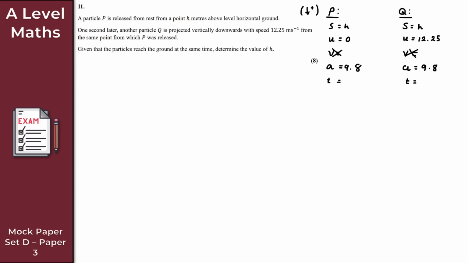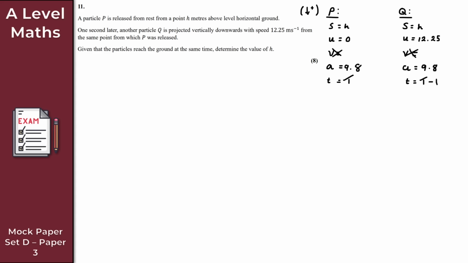Particle P is going to reach the ground at, let's say, t seconds. Particle Q is released 1 second later, so another particle Q is projected vertically downwards. So for t here, that's going to be t minus 1.